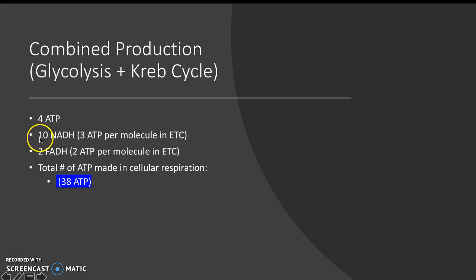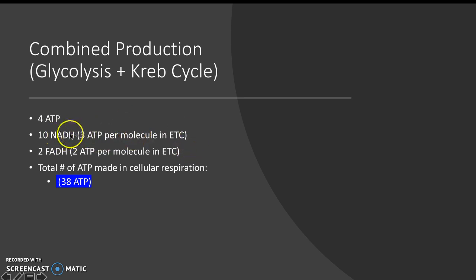So knowing that an organism has produced 10 NADHs after combining these 2 cycles, we can say that they will produce 30 ATP in 1 cycle of the electron transport chain just from these NADH molecules. Well, then we have to look at FADH. FADH molecules produce 2 ATP per molecule in the electron transport chain. Well, we know that we have 2 FADHs produced from these 2 cycles, and we could say that FADH will produce 4 ATP molecules in total from the electron transport chain.